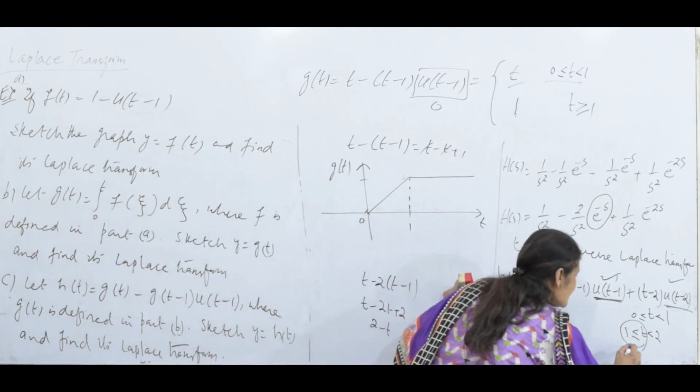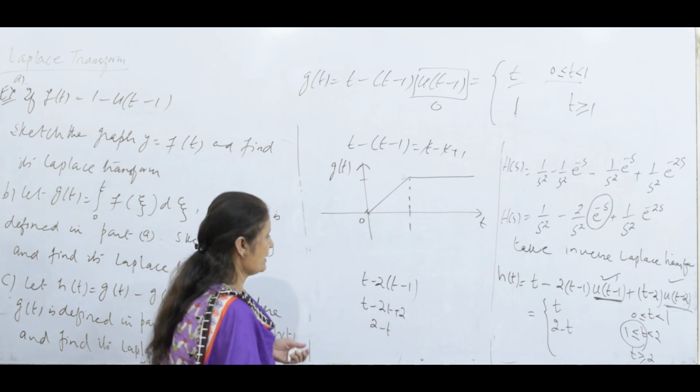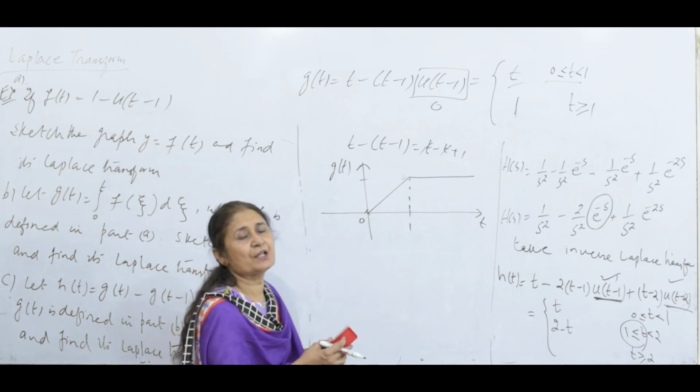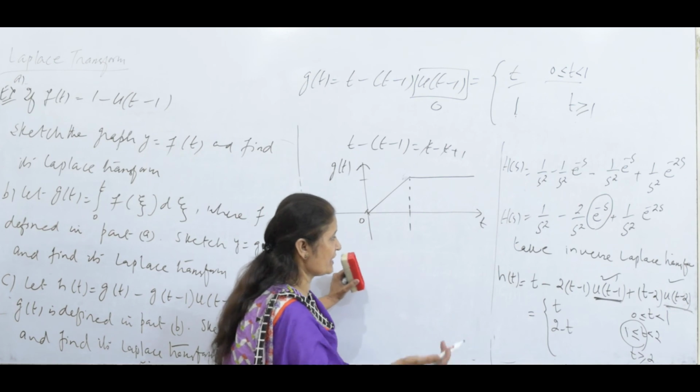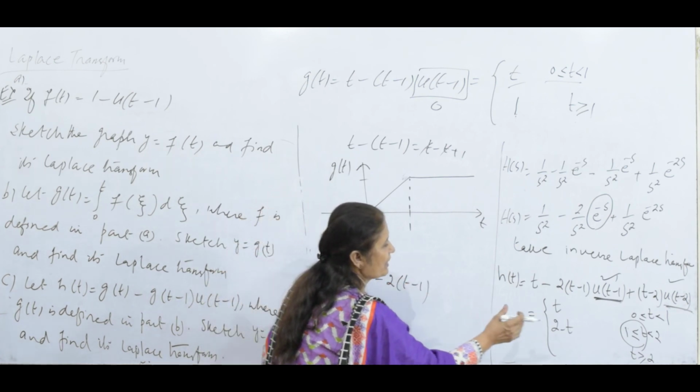The third is t greater than or equal to 2. If t is greater than or equal to 2, it means it is greater than 1 as well. So we are left with t minus 2(t minus 1).